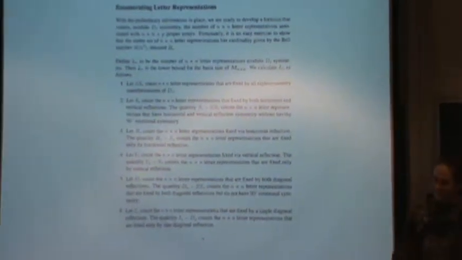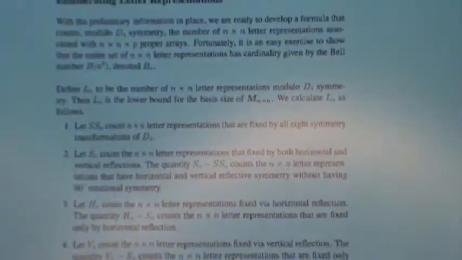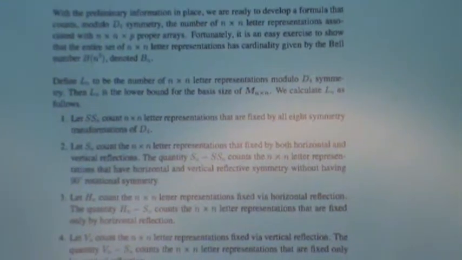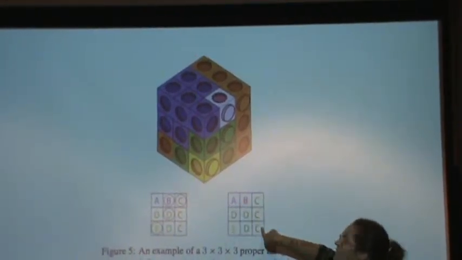All right, now here's a nasty slide, but if you know Burnside's lemma, the upshot isn't too hard. I want to get a bunch of generating functions that I can put together to count what I'm calling the letter representations. I want a generating function that for any square will count how many such configurations I can get like this. Now I'm describing the lower bound.